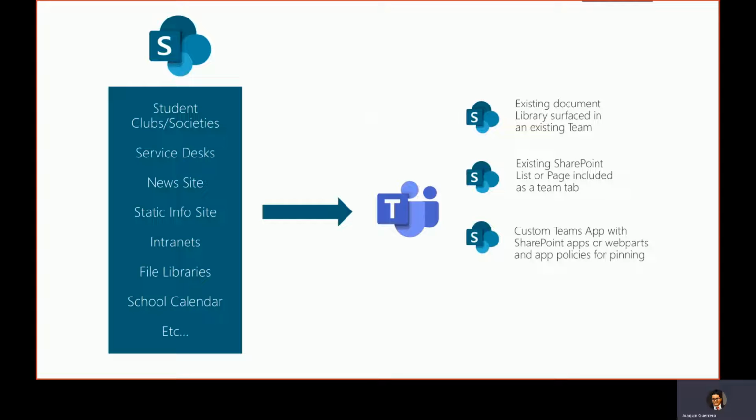Then we have a more advanced option, which is a custom team app with SharePoint apps or web parts and app policies for pinning. As you may know, you can have custom team apps. So you could create a custom team app and include the SharePoint apps or web parts, and then an app policy for pinning those.